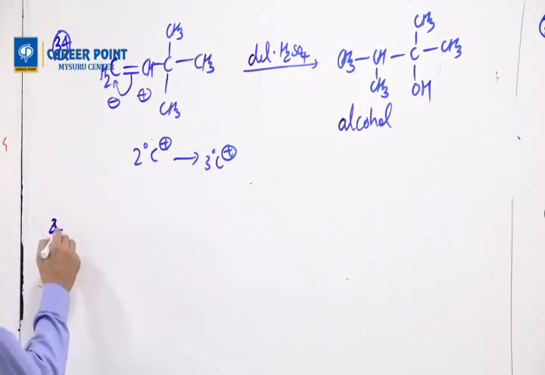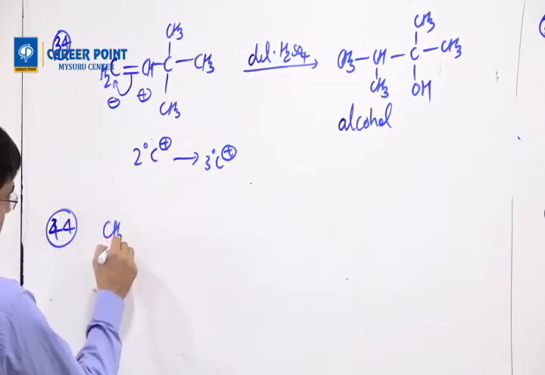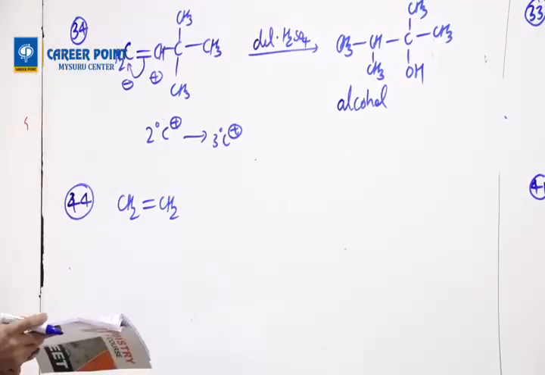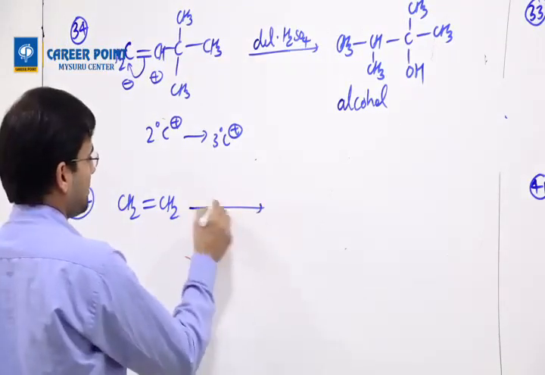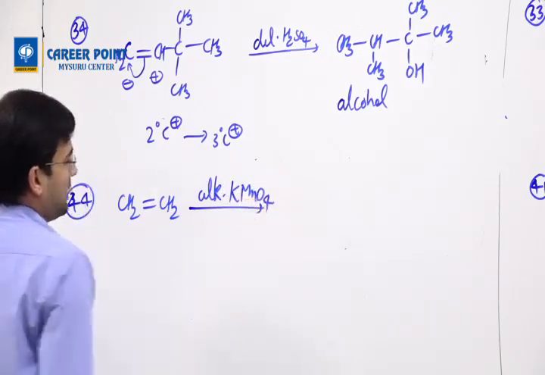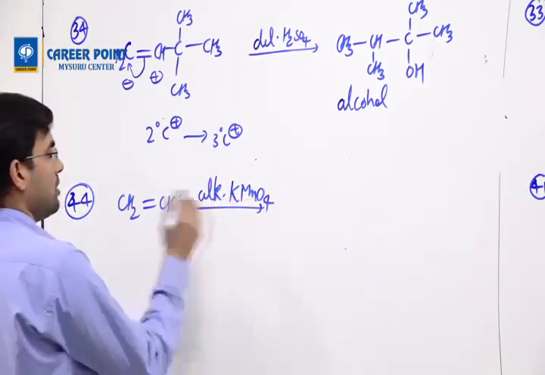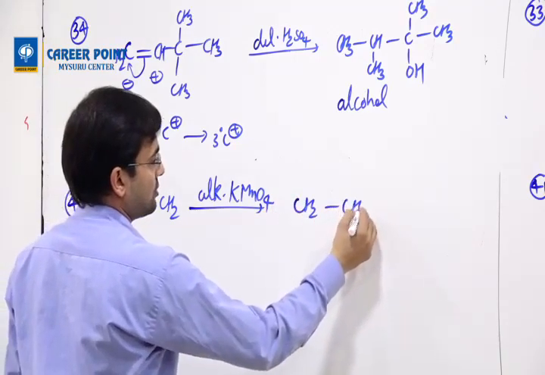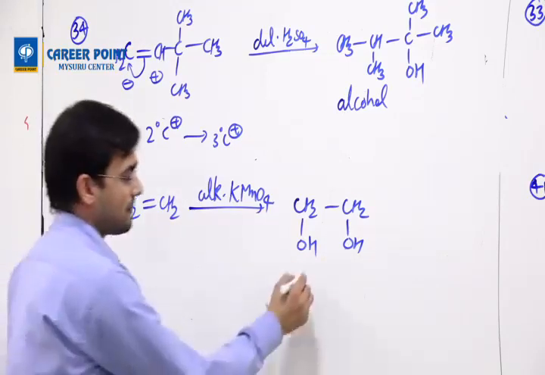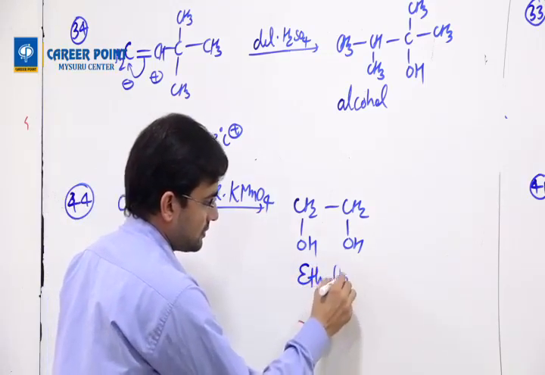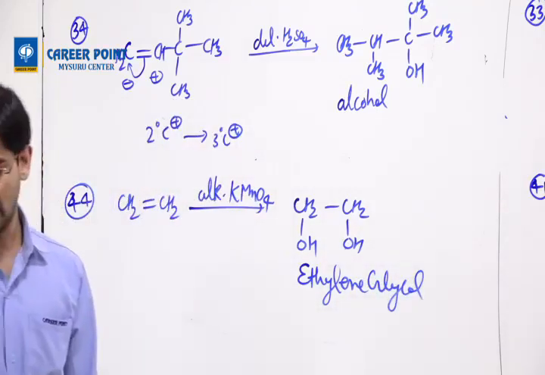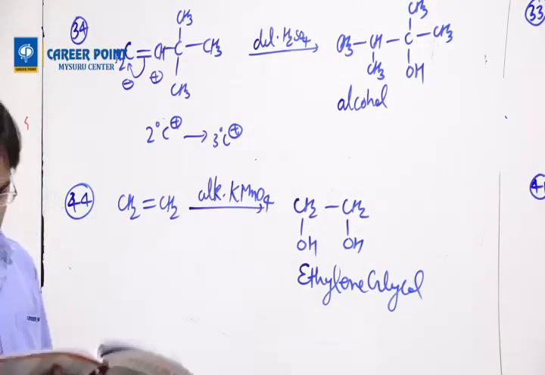Last class also I told you, this is not an exception. It forms dialcohols. So ethylene, CH2 double bond CH2, will form CH2, CH2, OH, OH. This is called ethylene glycol.